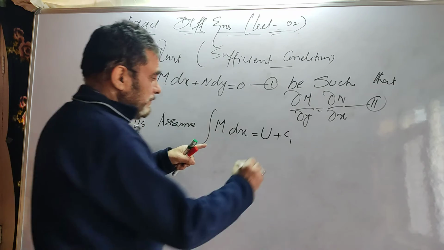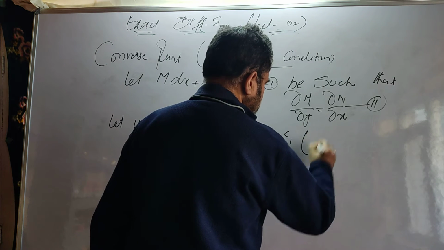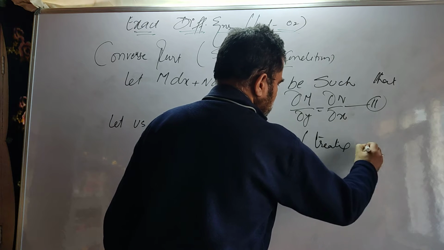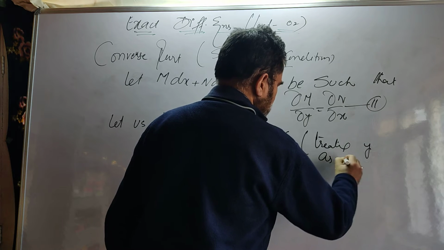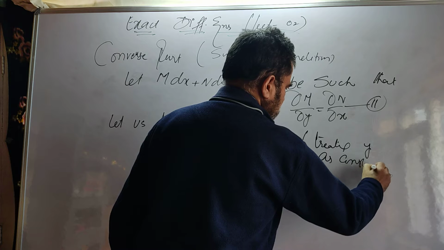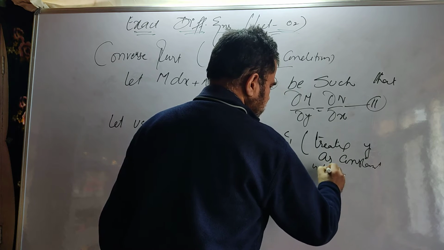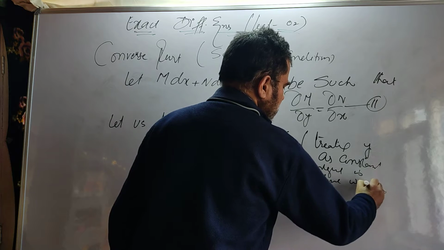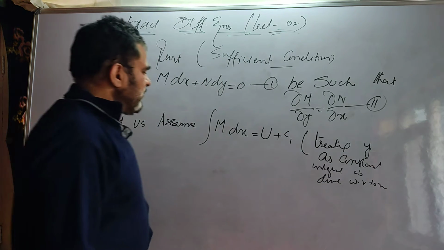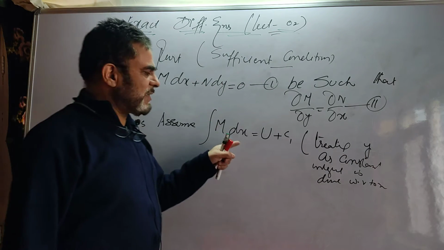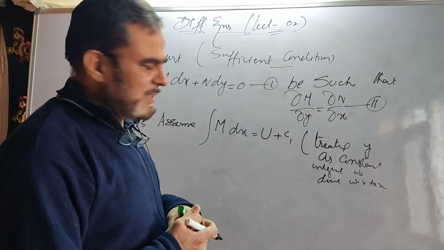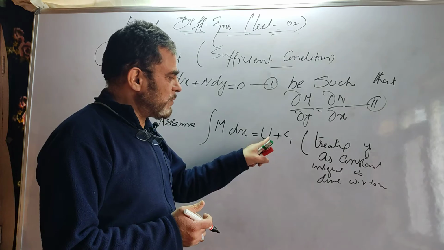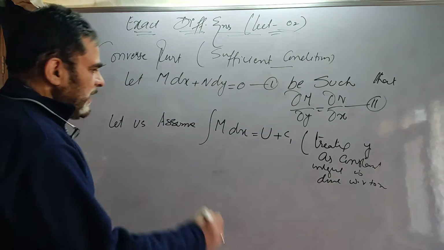That means we are treating y as constant. Integration is done with respect to x. When we integrate M with respect to x, we get some function, treating y as constant, say it is u plus c1.